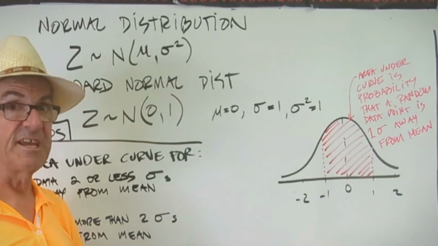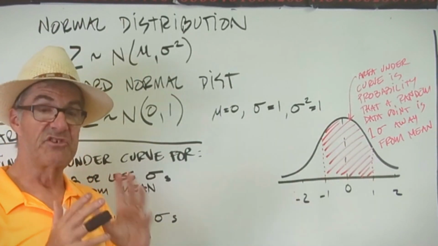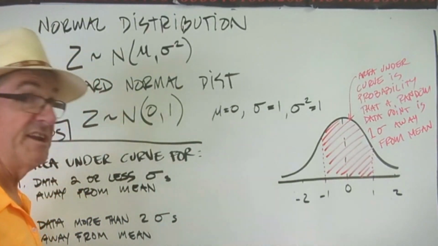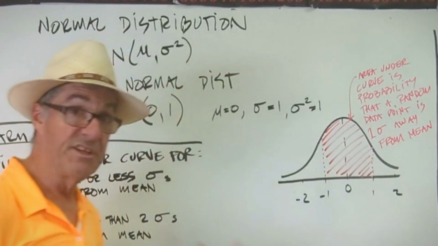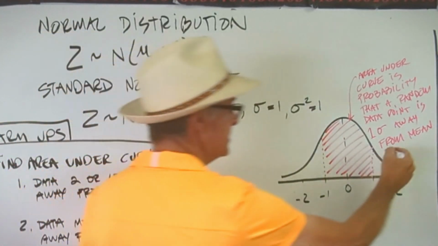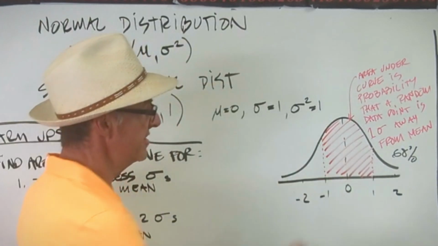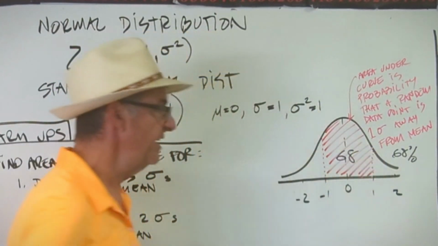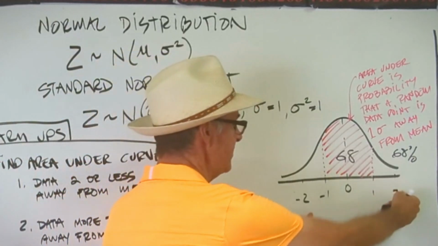Now here's an interesting thing. This standard normal distribution is so prescribed that we already know that the data between 1 standard deviation from the mean, that's 68% approximately of the data is 1 standard deviation away. That would be 68. And it's like 95% is within 2 standard deviations.